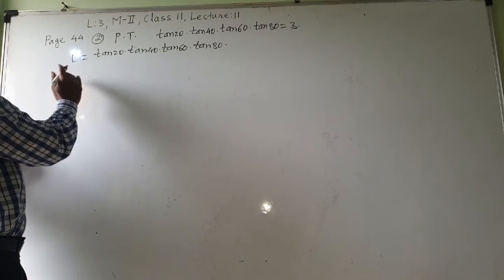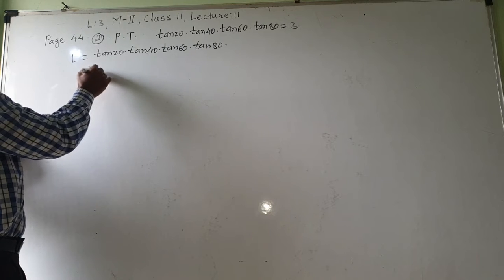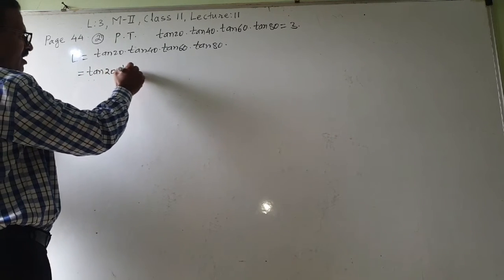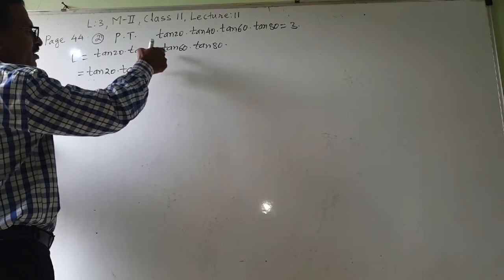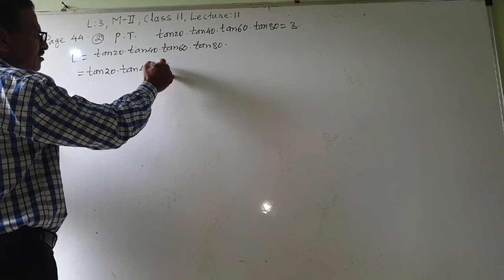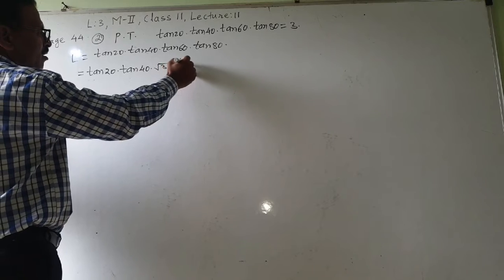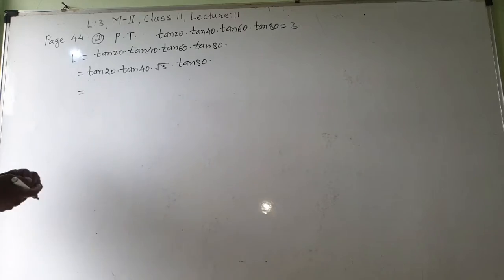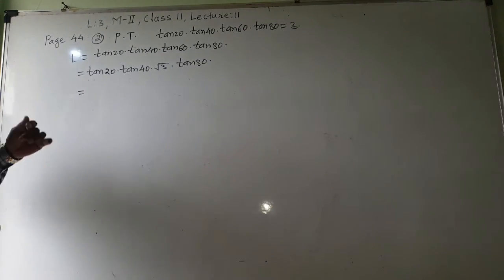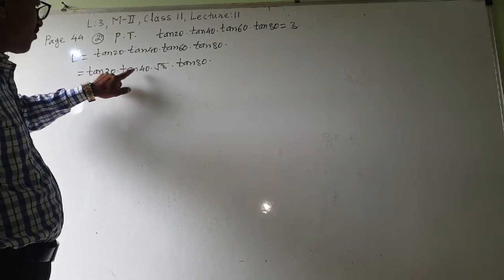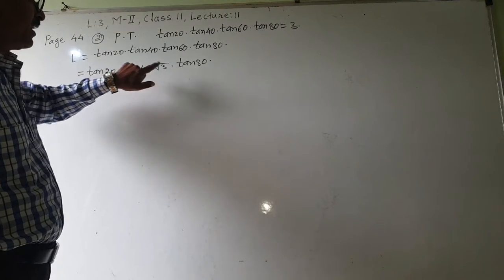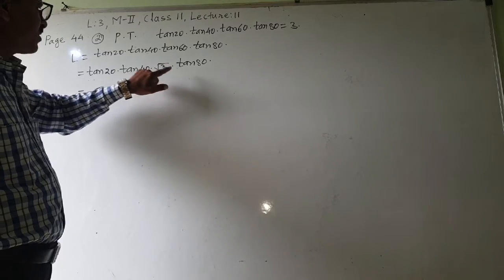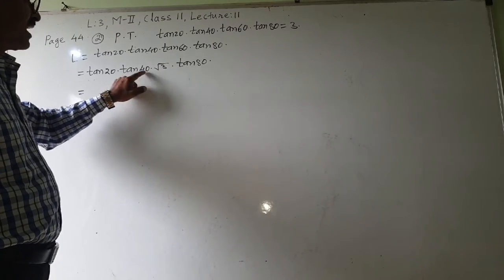So I will see how I can do. Tan of 20 into tan of 40 into tan 60 means root 3 into tan of 80. Now tan 40 and tan 80, these angles can be converted to tan 60.